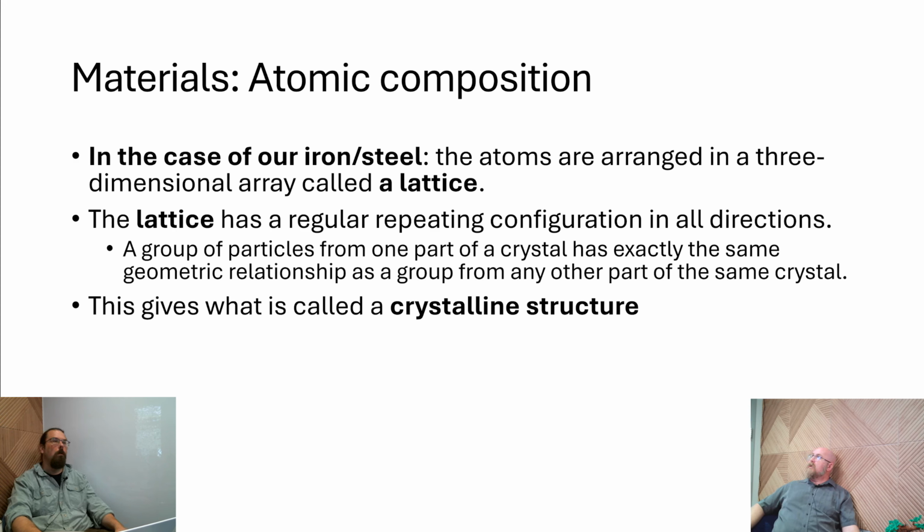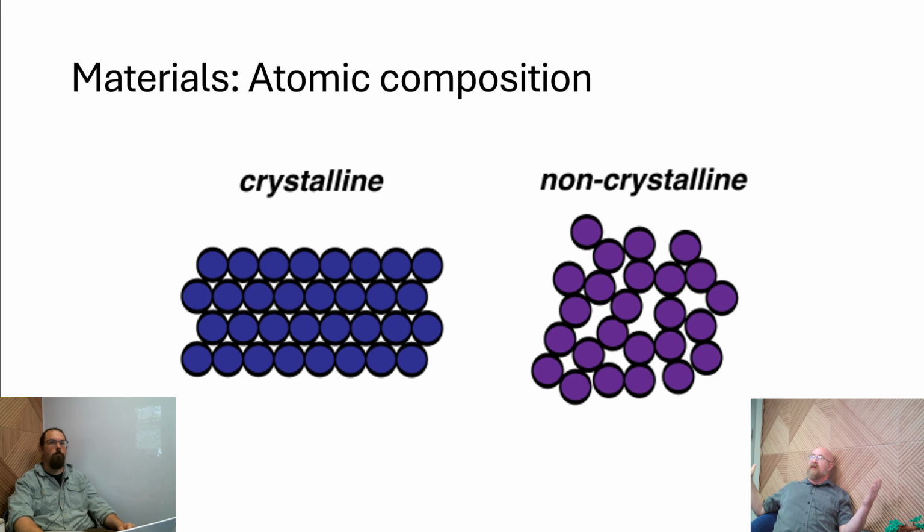A lattice is basically a regularly repeating configuration in all directions, and that repeating relationship forms what we call a crystal. So that gives us our crystalline structure.